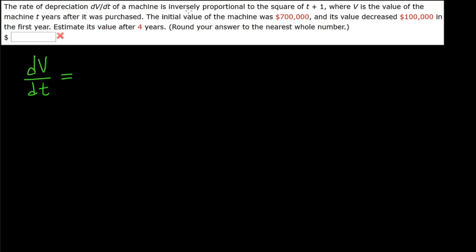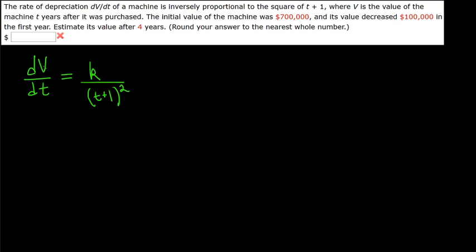So when they say proportional, there's some constant k here. We could use c, but remember there might be a plus c at the end, and that might be a different c. So I'll use k as the constant of proportionality. So inversely proportional. So inverse means we're dividing by the square of t plus 1. So here's t plus 1, and that's the square of it.